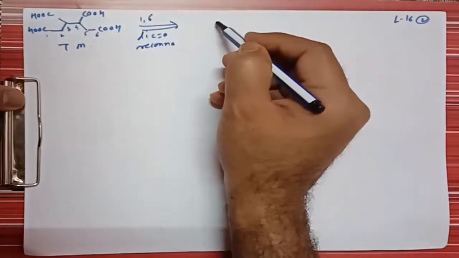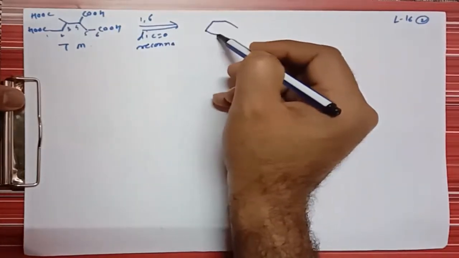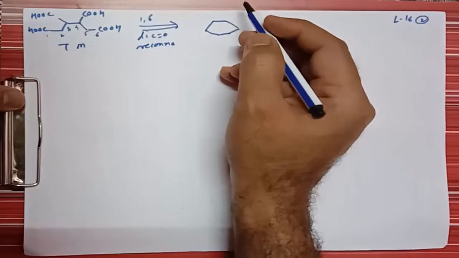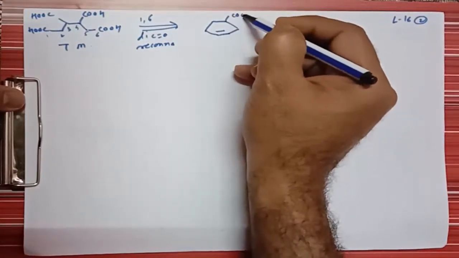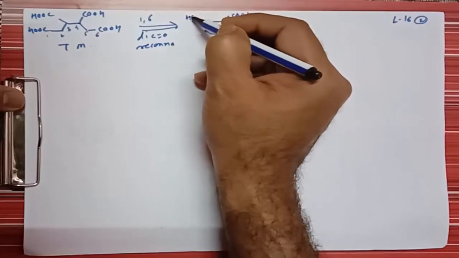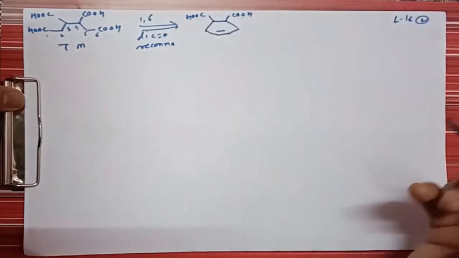After reconnecting, it gives a molecule like this, on one side an olefin, and here the remaining group as it is, that is COOH, COOH.